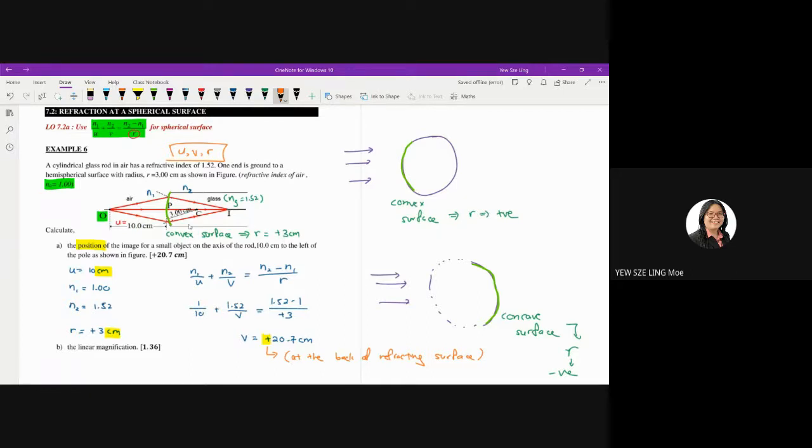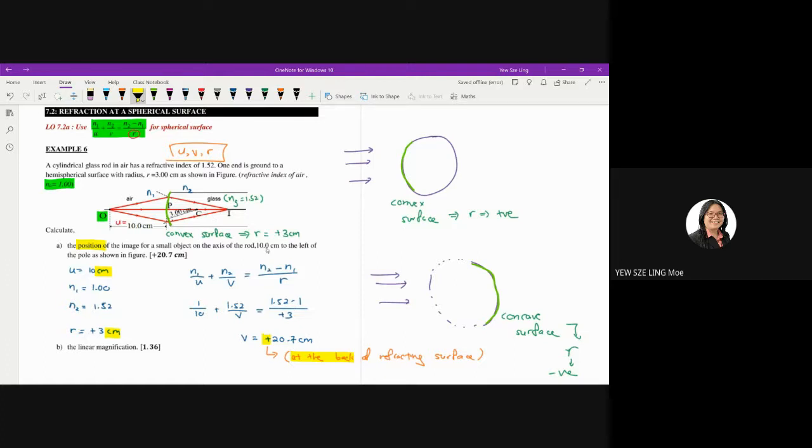So if your image is formed behind the refracting surface, then we have a real image. Real image gives you a positive sign. Therefore, from the positive value, I know that it is formed at the back of the refracting surface.